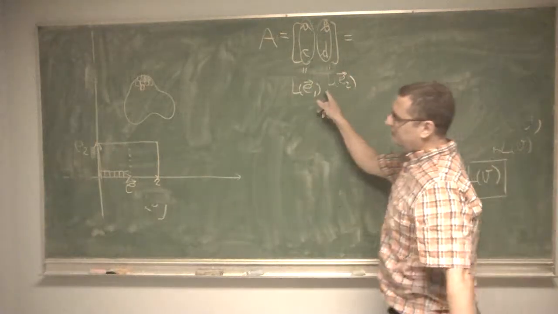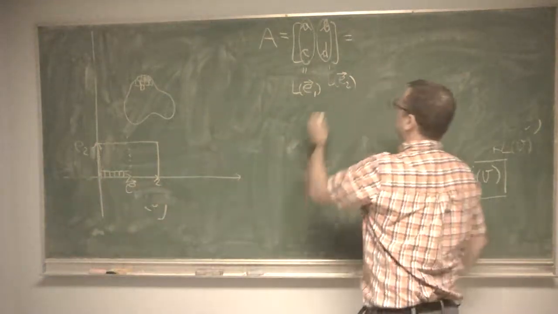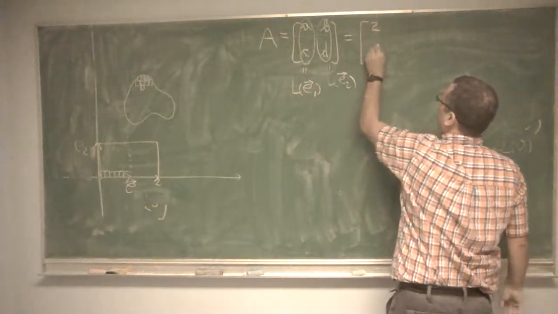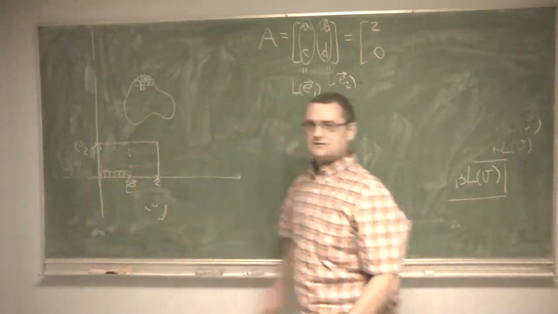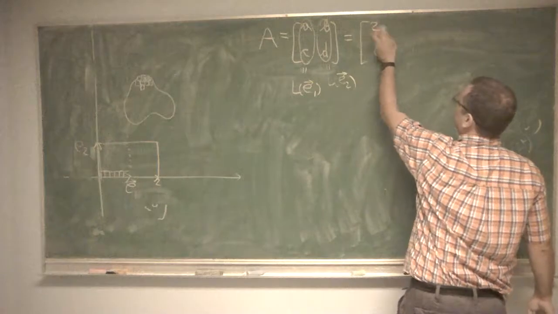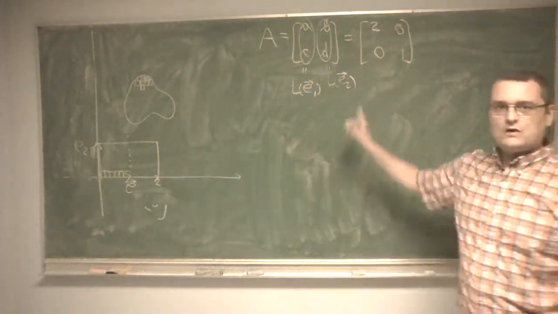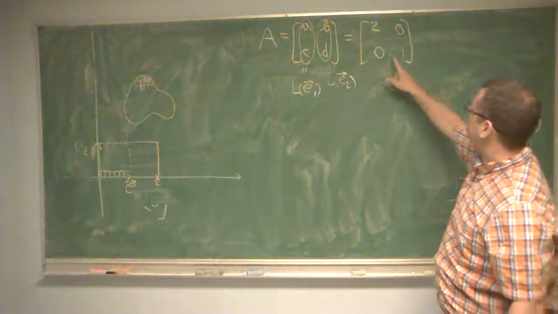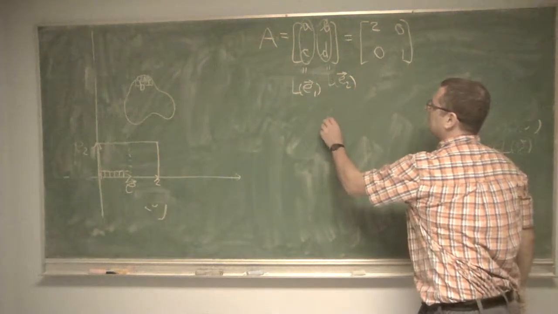And L of E1, that's actually this vector, so it has coordinates 2, 0. And L of E2 stays where it is, so the image of E2 is E2, that is 0, 1. Okay? What is the determinant here? The determinant is 2 times 1 minus 0 times 0, which is exactly 2.